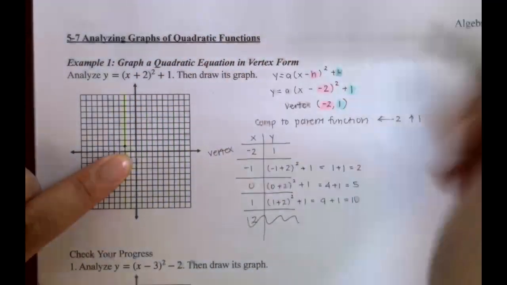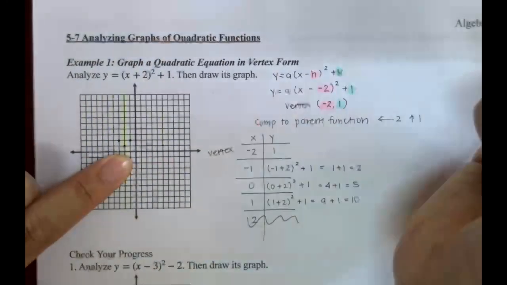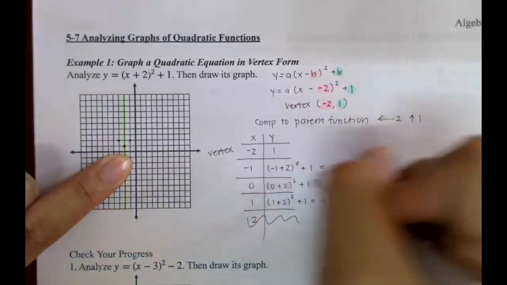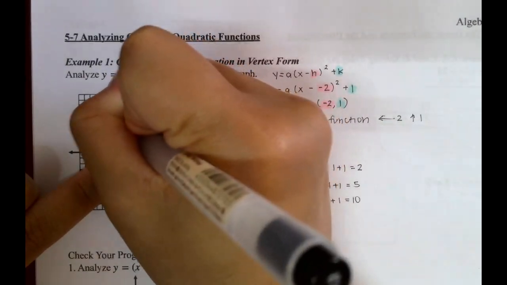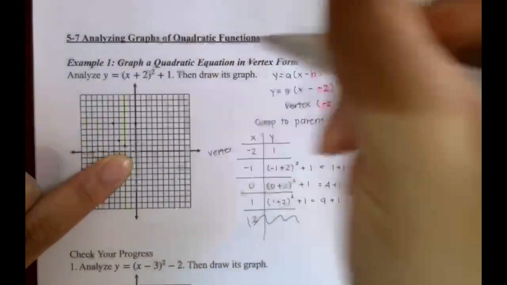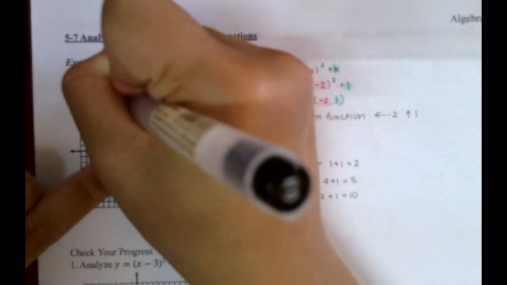Negative 1, 2 is here, and then I'm going to mirror it over. Then it's 0, 5, and then I'm going to mirror it over. And then 1, comma 10 is here, and then I'm going to mirror it over. And then I'm going to connect the dots. It should be a U-ish shape, and there you go.